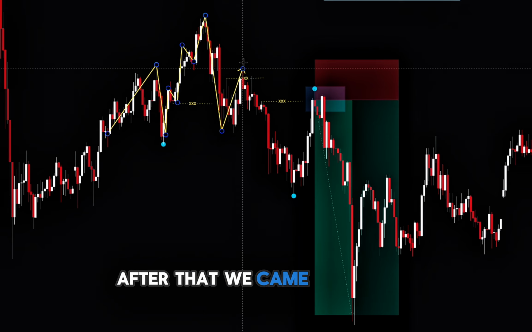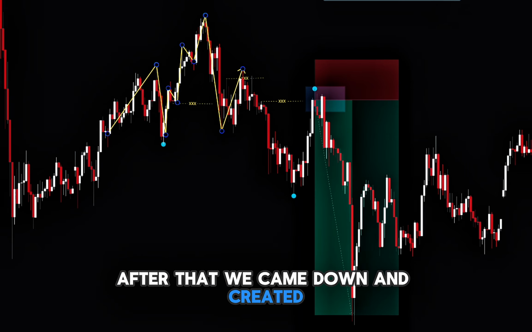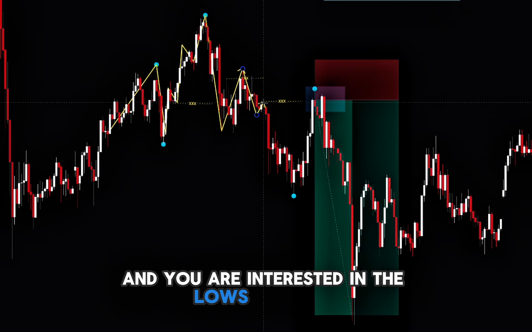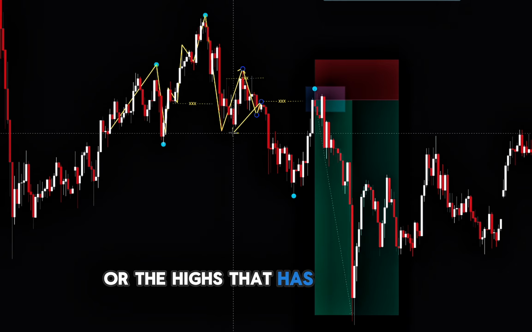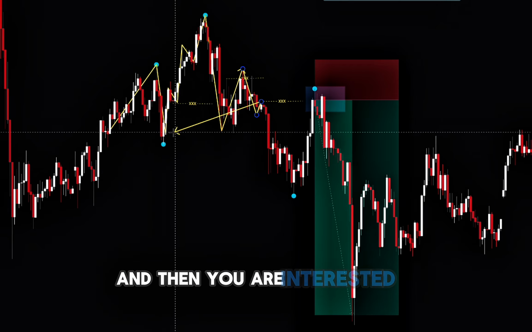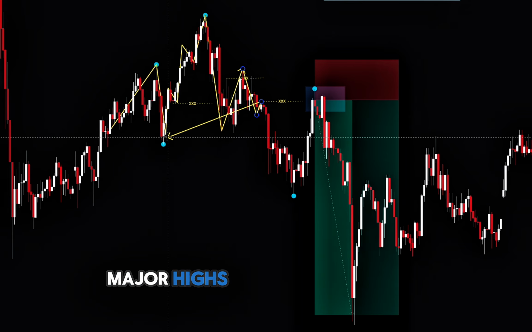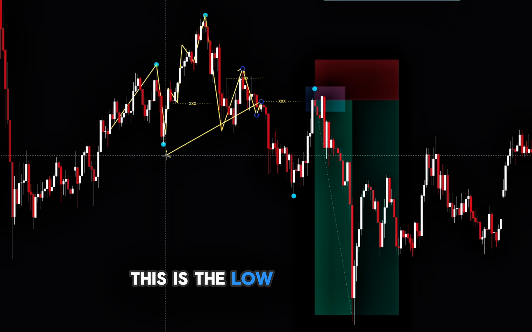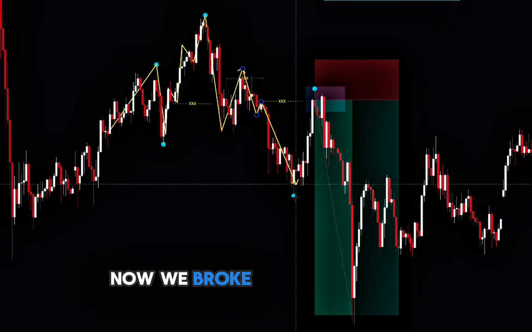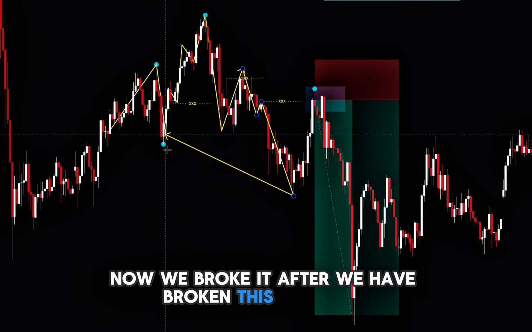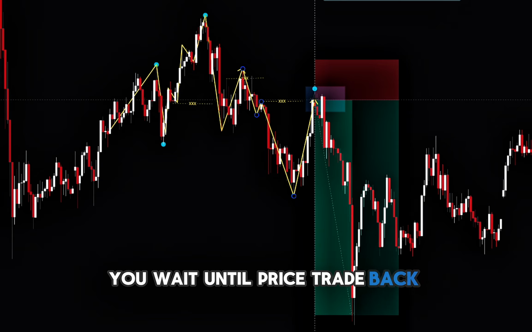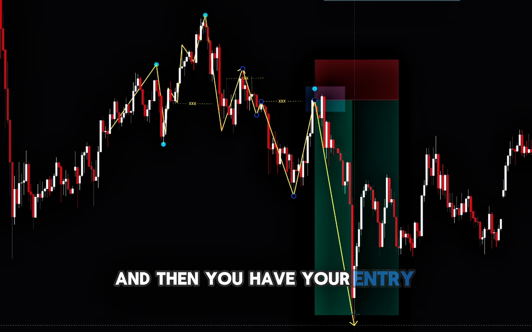After that, we came down and created this low here, and you are interested in the highs that have caused the break, and then you are interested in your major highs and lows that you have marked, not this low here. This is the low that is very important. Now we broke it. After we have broken this low here, you are interested in this high that has caused the break. You wait until price trades back to that, and then you have your entry there.